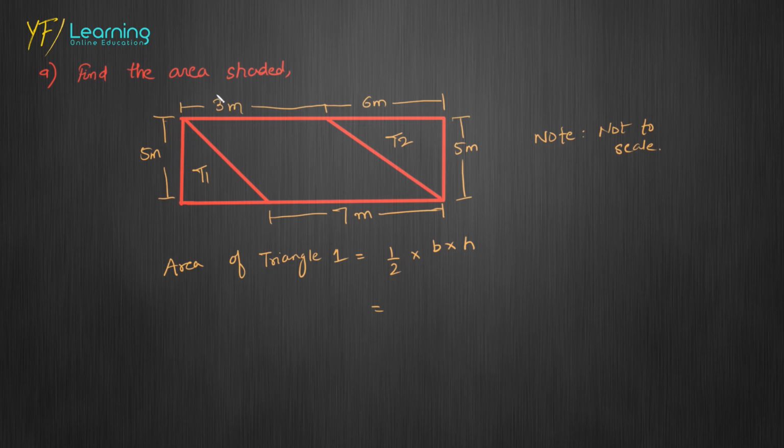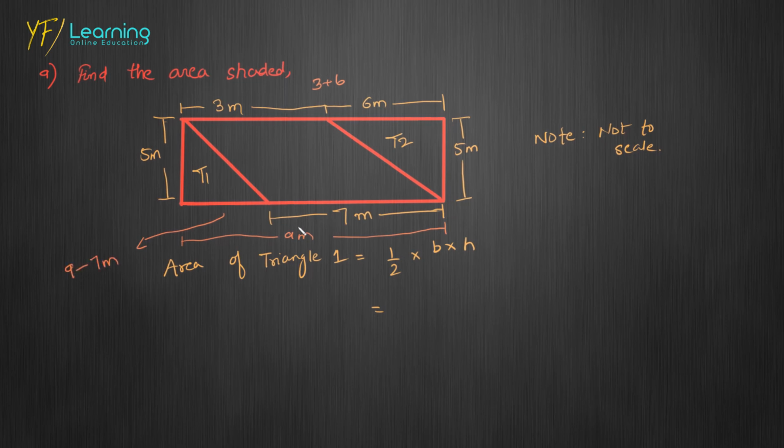This whole length is 3 plus 6, that is 9 meter. It means this length should be equal to 9 minus 7 meter, which is equal to 2 meter.